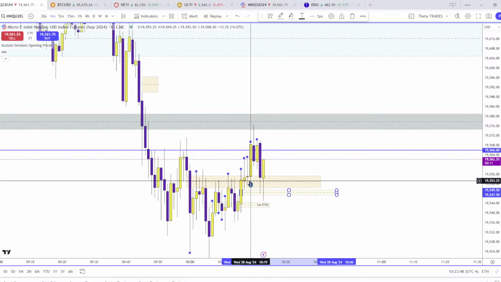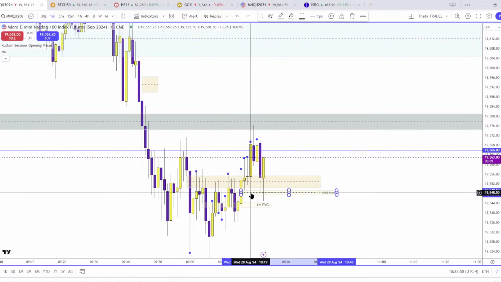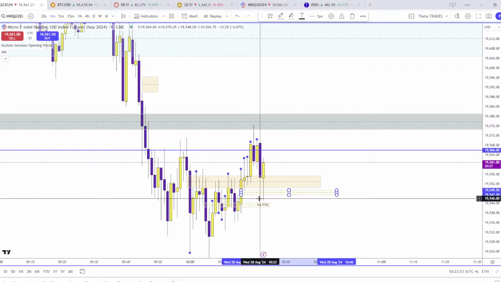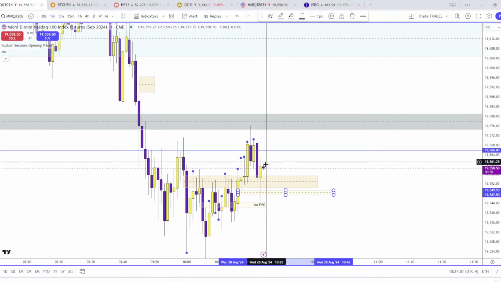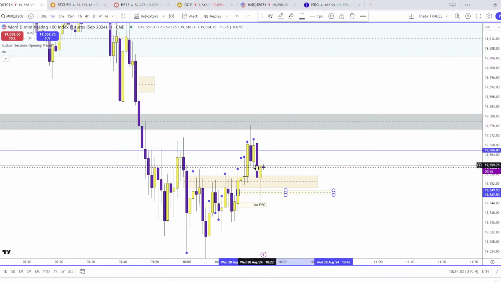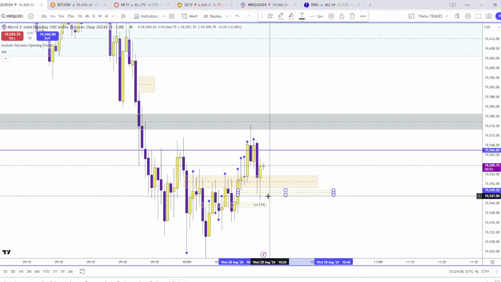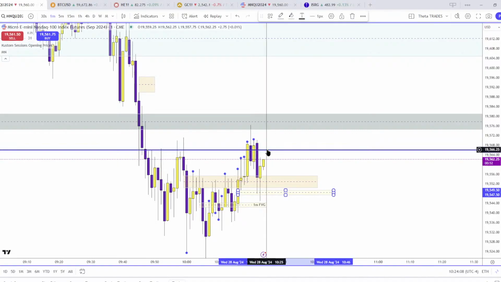Wicks do the damage. Order block's been validated. Trader below it here. We're coming back to it. Eat through this candle. You don't want to find support off here and start rolling back down again.